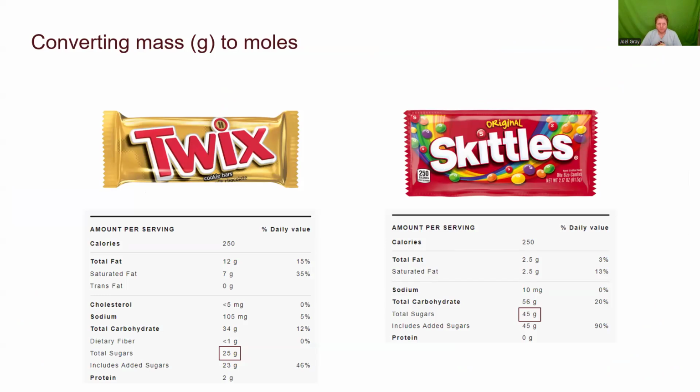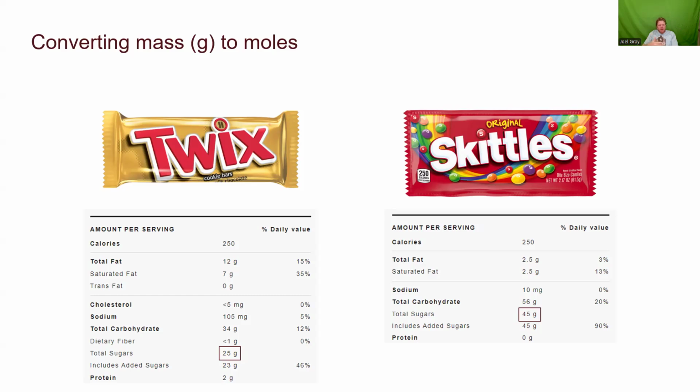Here, what we've got is grams of sugars. Now, more than likely, the sugar in both of these is fructose. And fructose has a specific formula. You have 25 grams of total sugars in fructose and then 45 grams of total sugars in your Skittles.